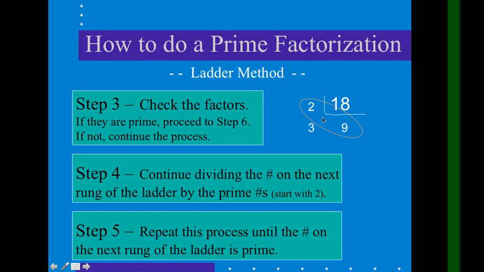So pwede nating i-divide by 3 yung 9, tama? So ang answer ay 3. Since ang answer dito sa last part ay 3, ibig sabihin, ito na yung pinaka-last number. Kasi prime na yung nakuha natin. So, meron na tayong 2, 3, and 3. Okay? So, kukunin natin yung mga yan.